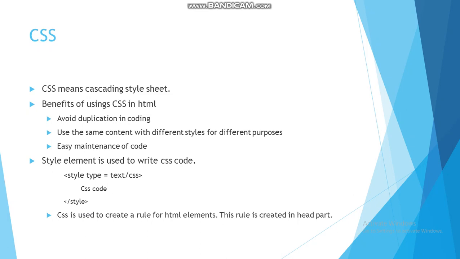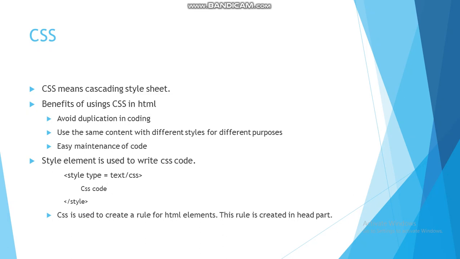CSS is used to create a rule for HTML elements. So for various HTML elements or tags like h1, h2, p tag, for all these elements we can create a CSS rule, and this rule is created in head part.